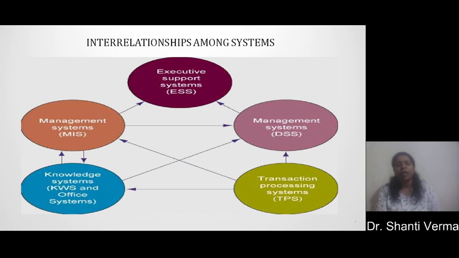In every organization, all these information systems or decision support systems are interrelated to share information, and the objective is to build a rich knowledge base so that every decision benefits the business.